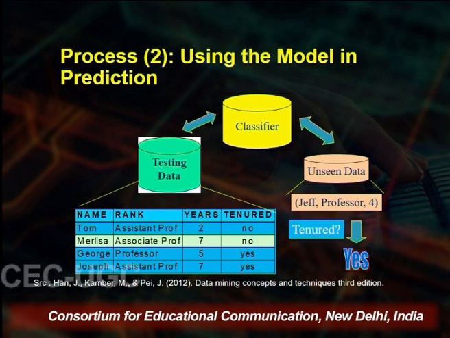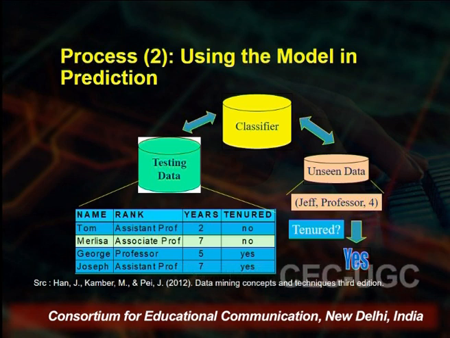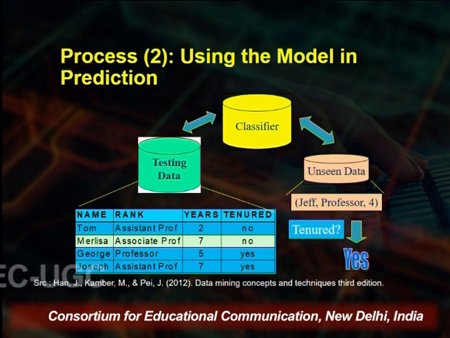So now we have some test data with us. This test data is then put in the classifier model, and you have some unseen or unknown data also. Using the testing data and the trained model, we are going to determine whether a particular tuple, say here we know that Jeff is a professor and has 4 years of experience, is tenured or not.